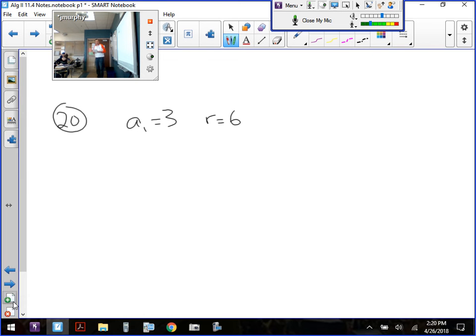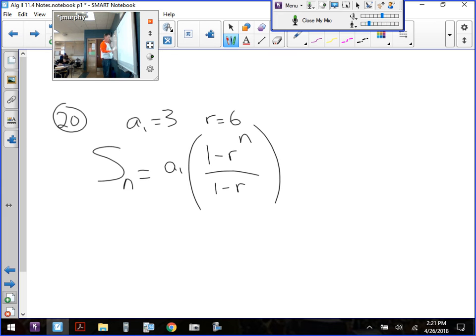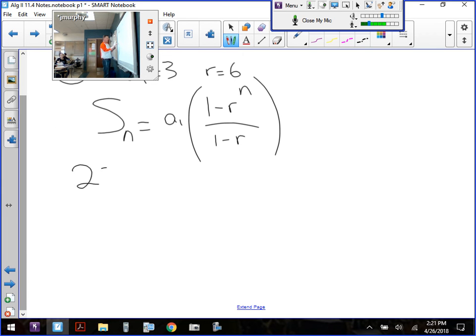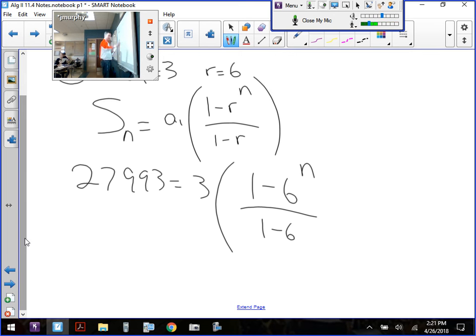Anyway, back to number 20. You've got an initial term of 3, a rate of 6. How many do you have to add together to go through it? So the sum of however many is going to be the first term times 1 minus my rate to the n over 1 minus my rate. So 27,993 equals 3 times the quantity 1 minus 6 to the n over 1 minus 6.